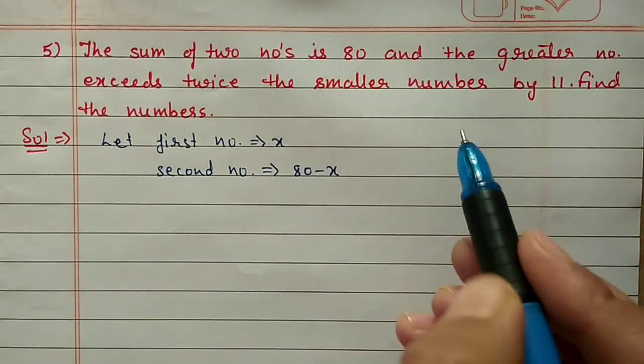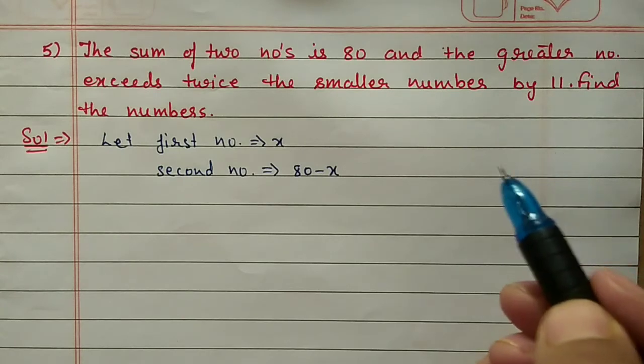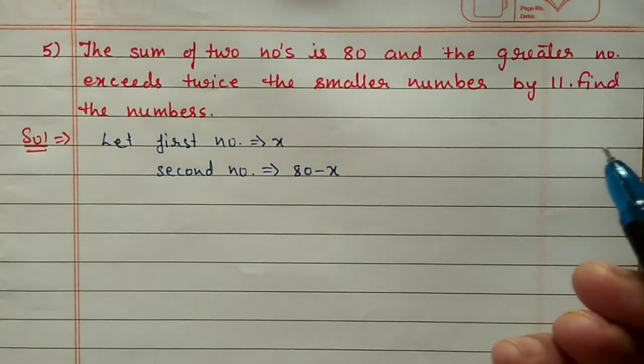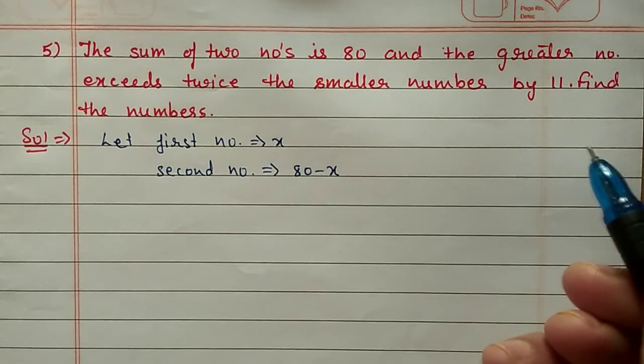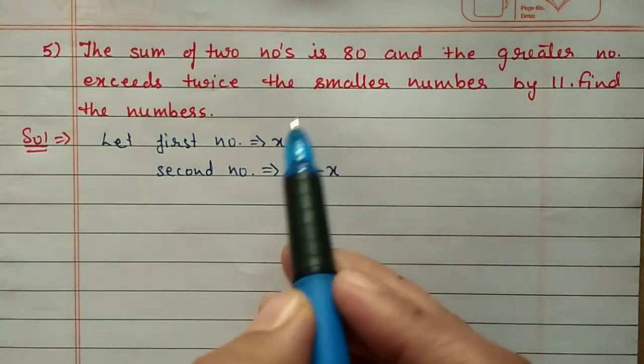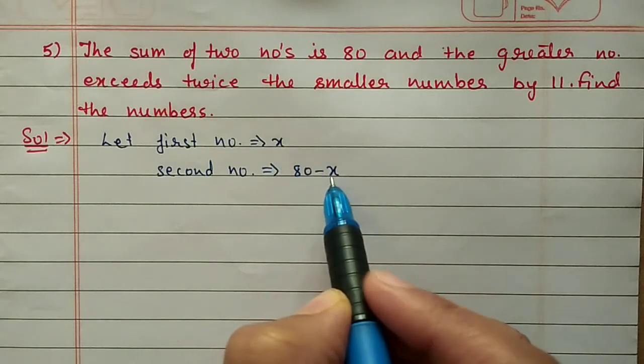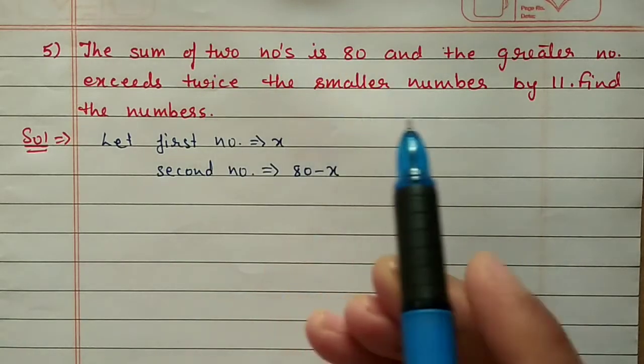For example, suppose the sum of two numbers is 5 and first number is 2. So obviously second number will be 5 minus 2, 3. Then only we will get sum equal to 5. So same thing we will do here. First number we have taken as x, second number will be 80 minus x because their sum is 80.